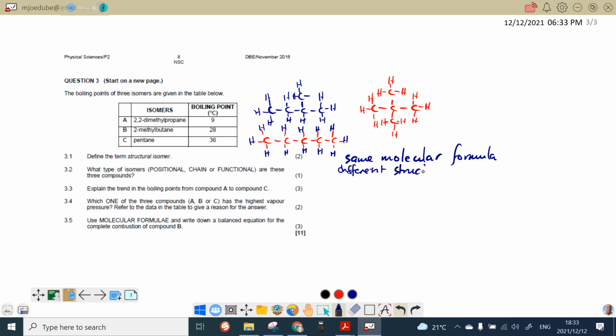And hence the properties will be different. So that is the general definition that you'll get even from the exam guidelines.